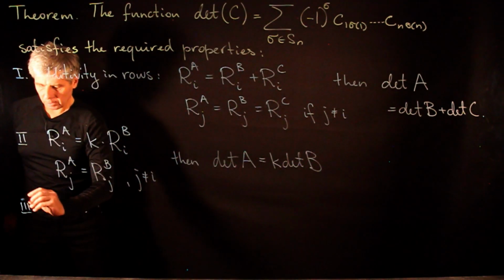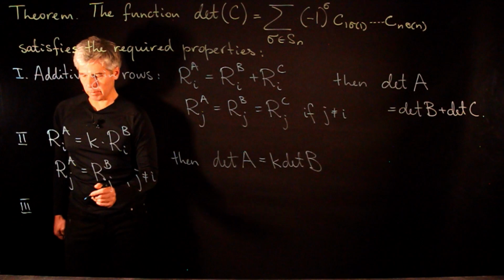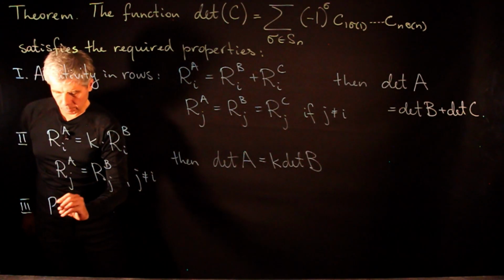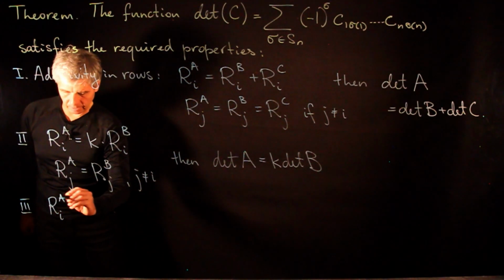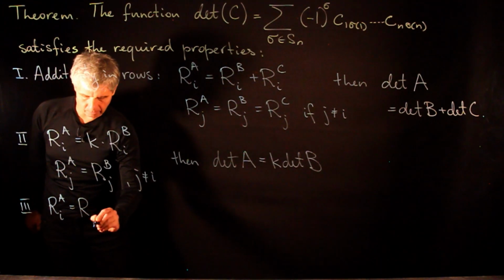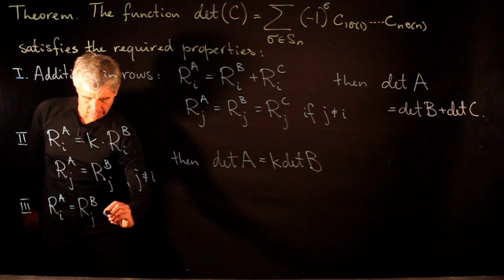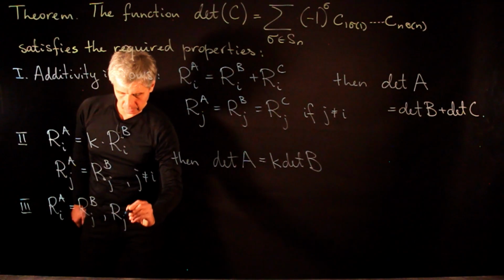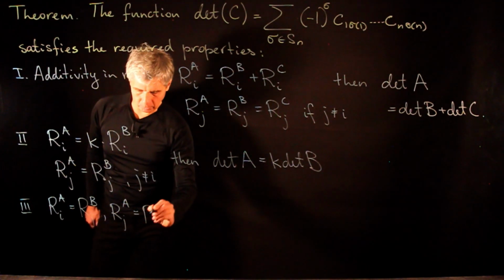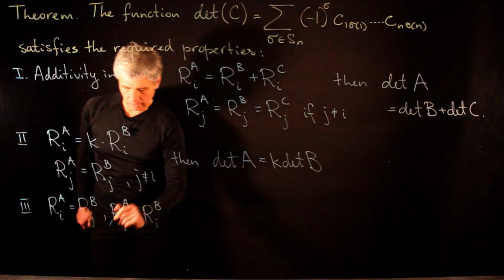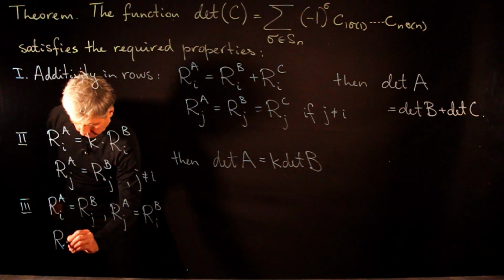3. If A is obtained from B by switching two rows, so this means that row I of A is equal to row J of B, then row J of A is equal to row I of B, and all other rows are the same.